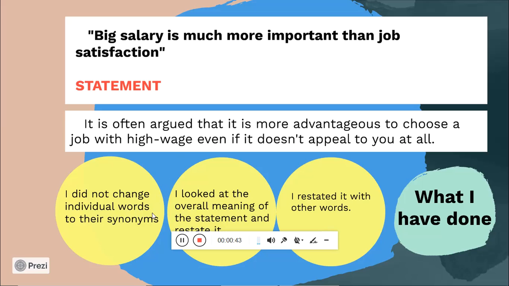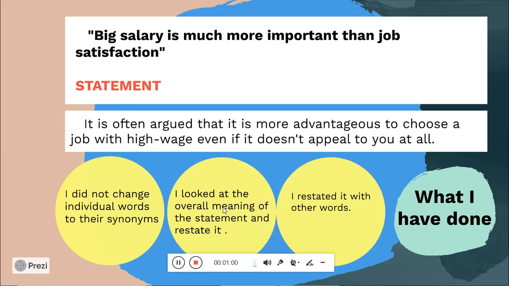So let's see what I have done. First, I did not change individual words to their synonyms, so I do not change each single word to its synonym. But I looked at the overall meaning of the statement and restated it with other words.